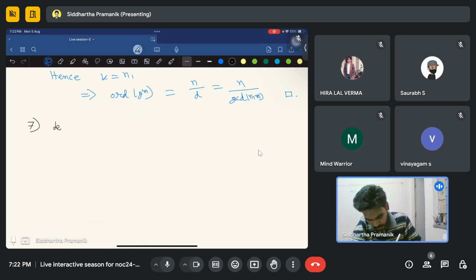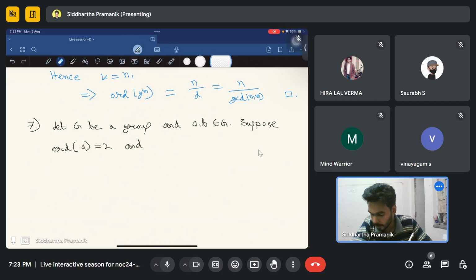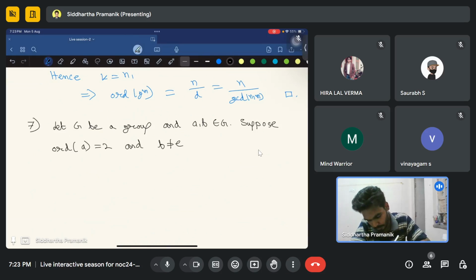Let G be a group and assume A comma B are two elements of G. Also assume order of A is 2 and B is not equal to identity. And ABA equals B square.